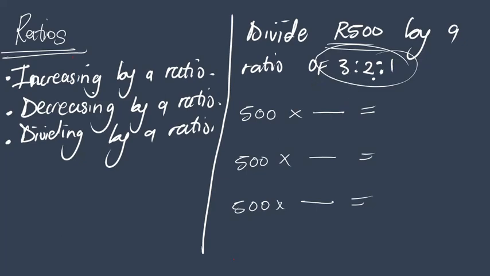So 3 plus 2 is 5, plus 1 is 6. So the denominator is 6, denominator is 6, denominator is 6. Now, the first numerator, it's the first value there, 3. The second numerator, it's the second value there, 2. The last numerator is the last value there, 1. And then you use your calculator for all these things.